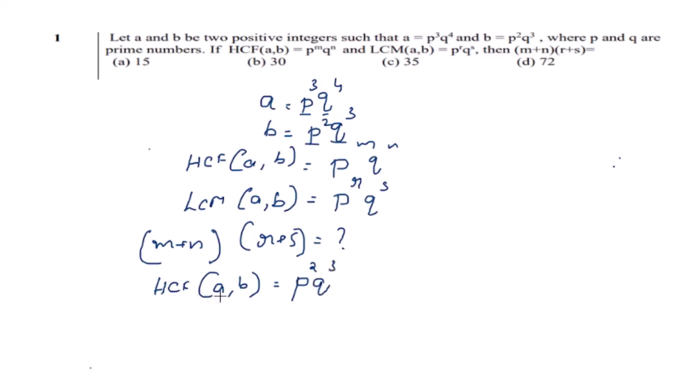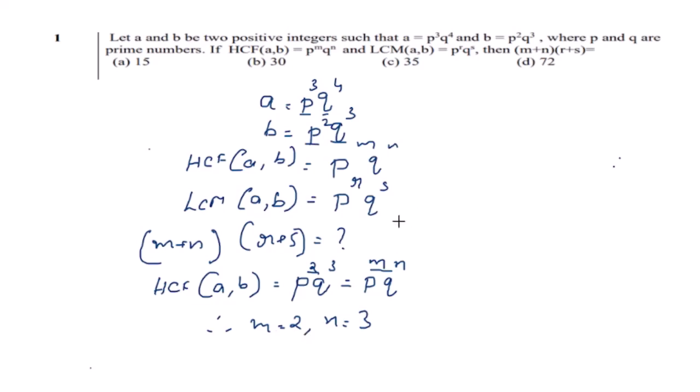So HCF of a, b is equal to p square q cube. But what is given here? HCF of a, b is equal to p raised to the power m into q raised to the power n. Therefore, m is equal to 2 and n is equal to 3.